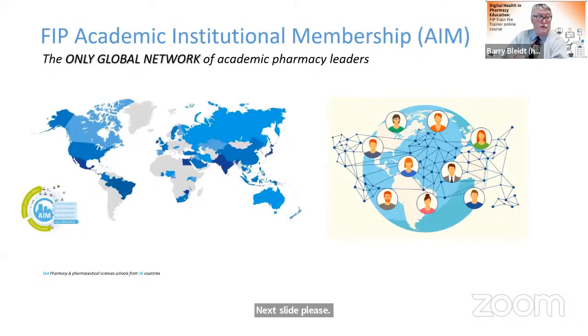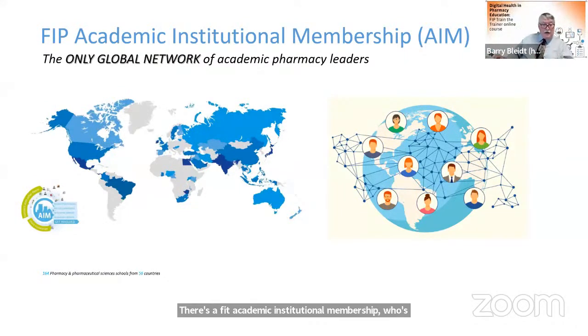We have international memberships. It's a global network. We have members from all over the world. There's an FIP Academic Institutional Membership, who is one of our collaborators today in this project. And it's the only global network for our academic pharmacy leaders, with schools of pharmacy all the way from New Zealand and Arizona, all the way across Asia, Africa, and Europe, into South America and North America.